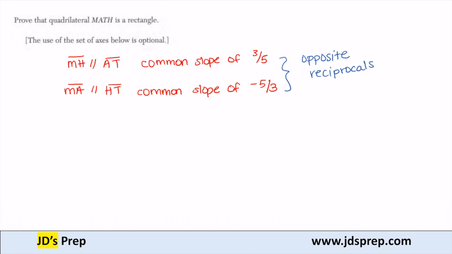And because they're opposite reciprocals, that tells me that MA is perpendicular to AT, and therefore angle A is a right angle.